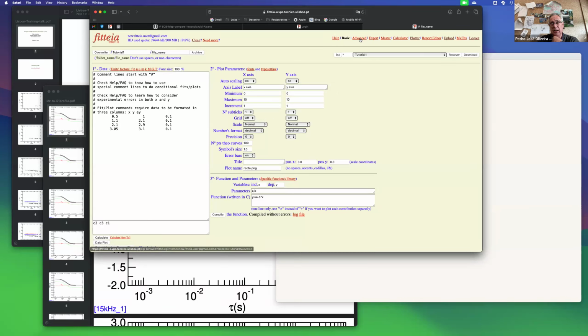Now this is the basic. By default you select basic. This is the basic default. This is the entry point of the system. But you can have other levels, like you can use this to perform more complex data analysis.